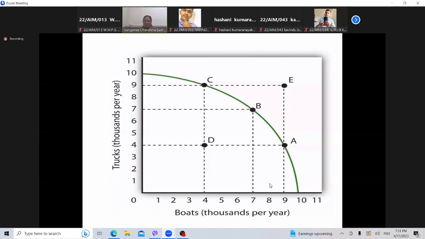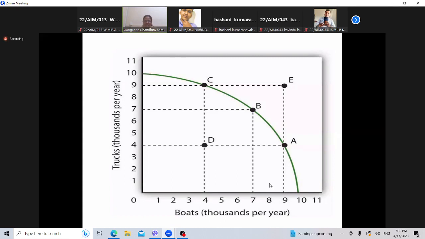Harushima? Anybody who can say what you can say about point D? Pindiniya? Nobody. Is it efficient or not? Gaya? Is it efficient or not?